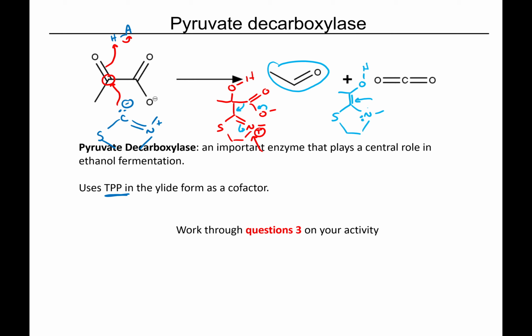In the first step, we are going to protonate this carbon, right? Ultimately, we need to have a hydrogen here, and right now we don't have that hydrogen. So we're going to imagine that there's a general acid in the active site where we can pick that proton up. So let's show a general acid.